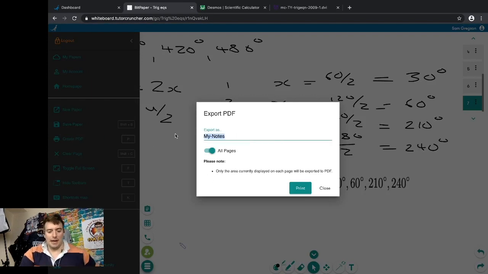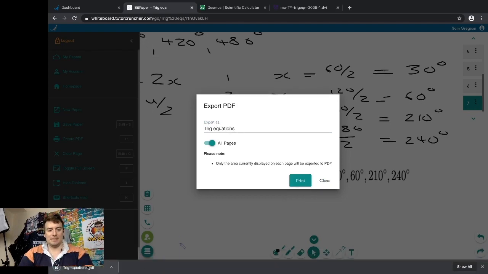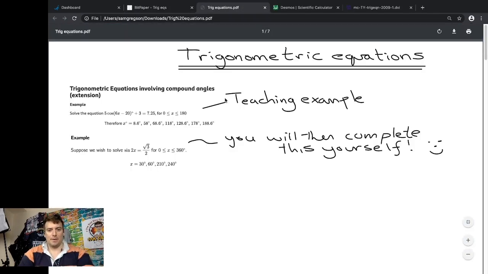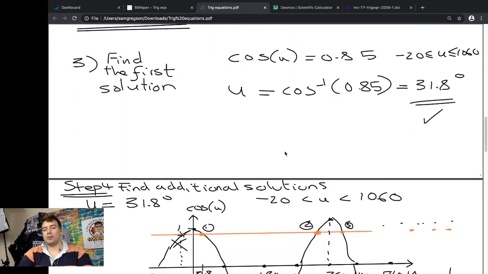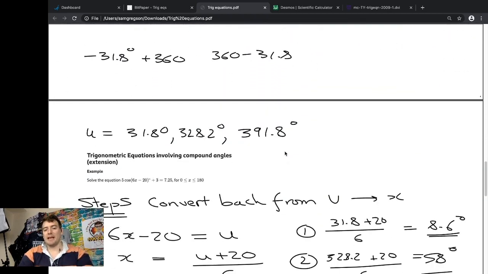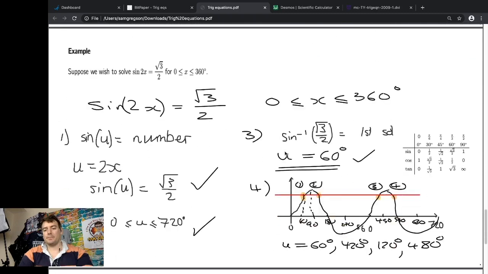So we'll call it trig equations, and then I'll be able to send this. So it produces a nice little PDF that you can scroll through and see exactly what we've done. Yeah, it's just so I can refer back to it, that's all.